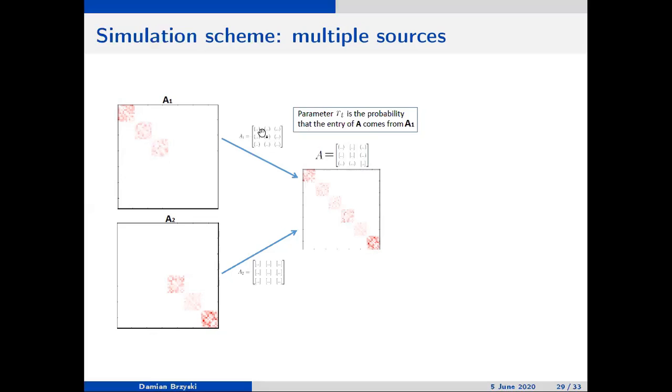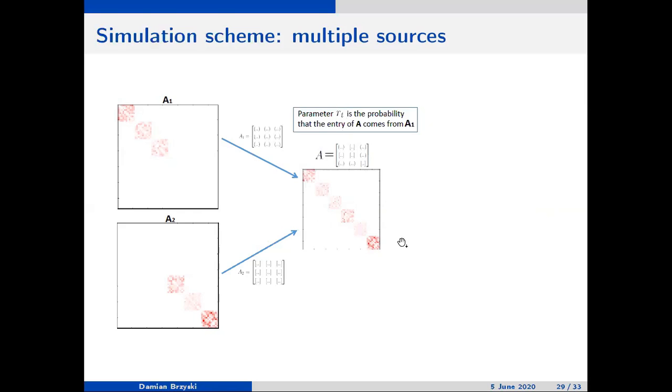The entries of the first one are represented by the round brackets, and here you can see square brackets. So the first step of mixing those two matrices was to build something like that. Some entries come from the first one, the others come from the second one, and the probability that they will come from the first one is represented by this parameter RT.